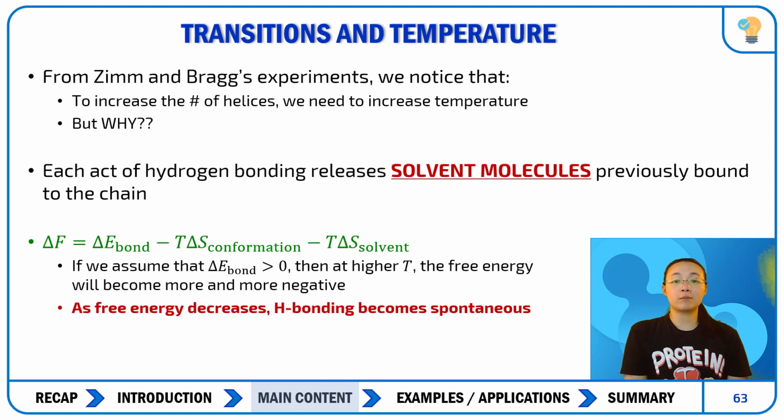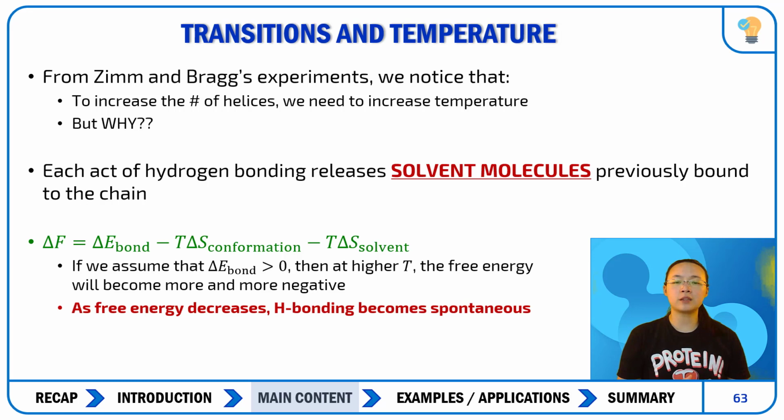So looking at Zimm and Bragg's experiments, we noticed that we had to increase the temperature relative to some midpoint in order to increase the number of helical structures. But why? It's because each act of hydrogen bonding releases solvent molecules that are previously bound to the chain. We know that the change in Helmholtz free energy is given by E or U minus TS.